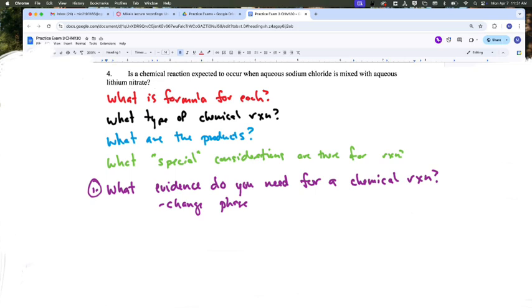Okay, so what are the formulas for each of those compounds? You get sodium chloride, aqueous, plus aqueous lithium nitrate. So some things that you should be aware of if you aren't getting the symbols right.